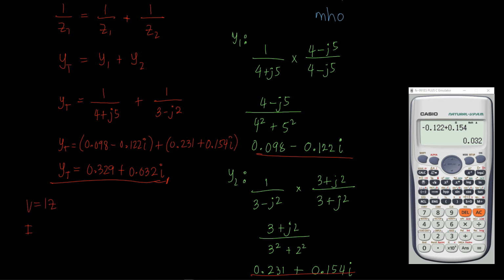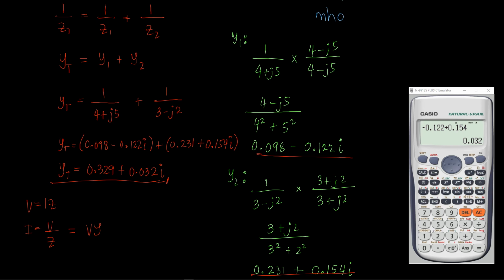To solve for I, we have I is equal to V over Z. Now, remember, ang 1 over Z is admittance na siya, di ba? So, we have I is equal to V times admittance. So, naa na tayo admittance total, YT. So, i-multiply na lang na to.